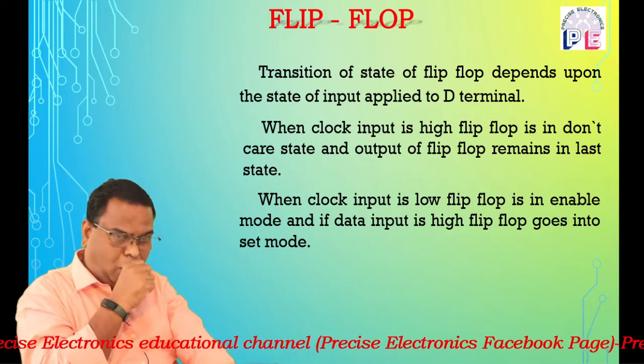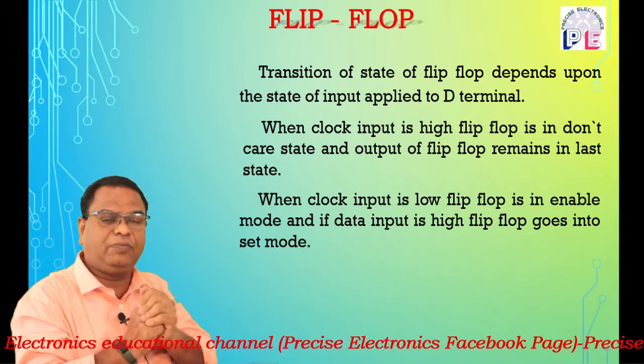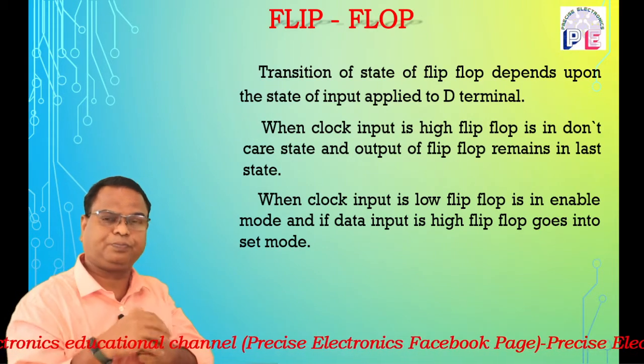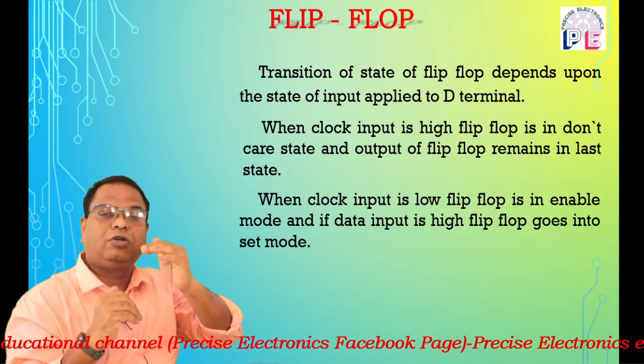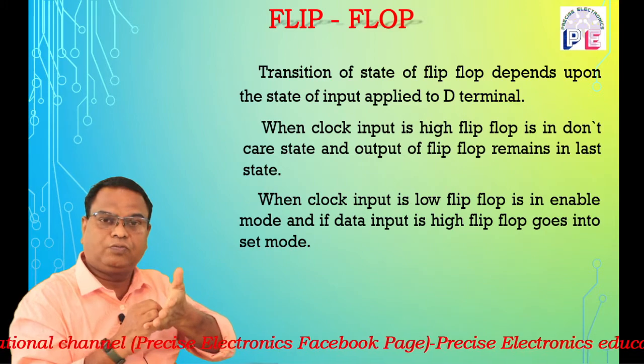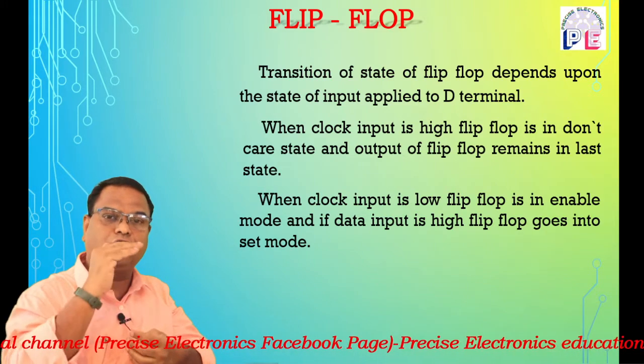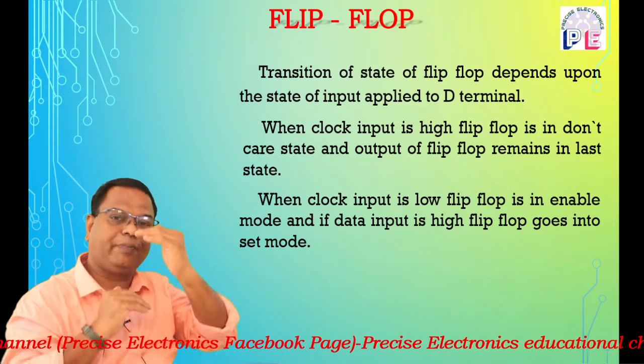If the data input is high and the clock is low, the flip-flop is in set mode and the output of the flip-flop becomes Q equal to 1, Q complement is low.